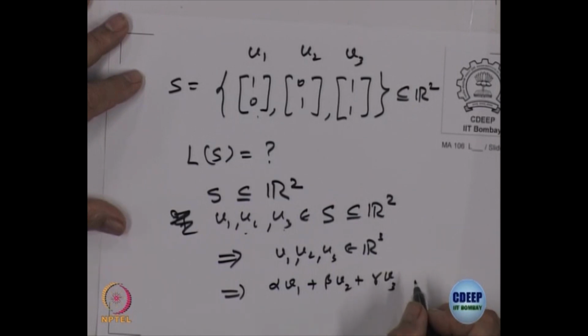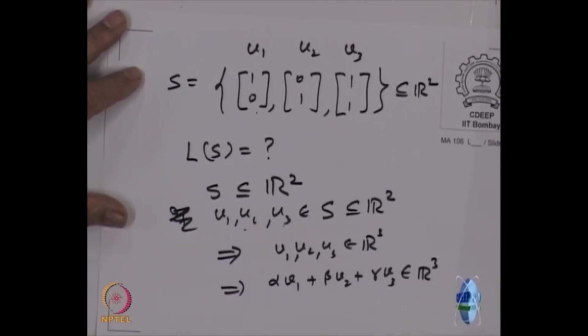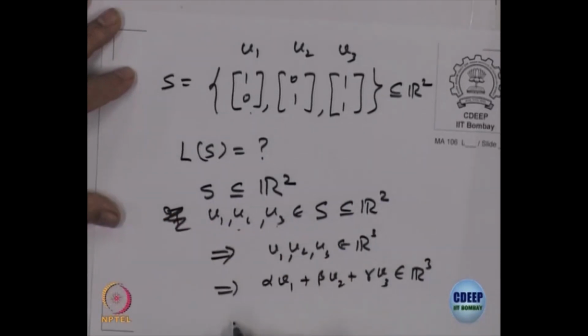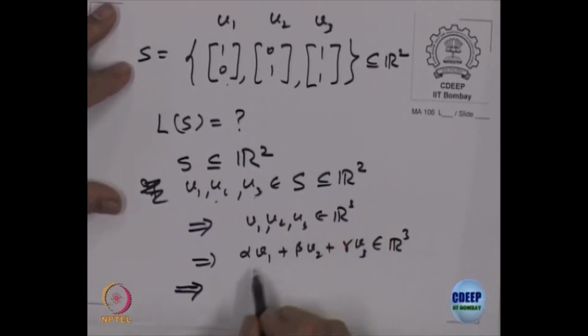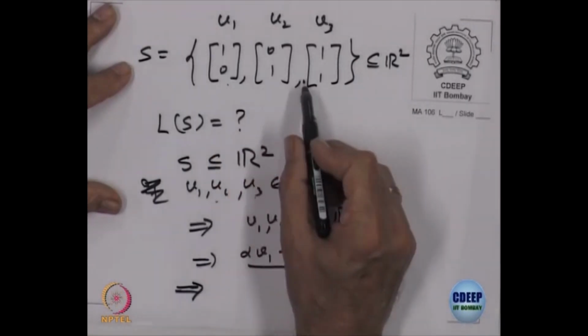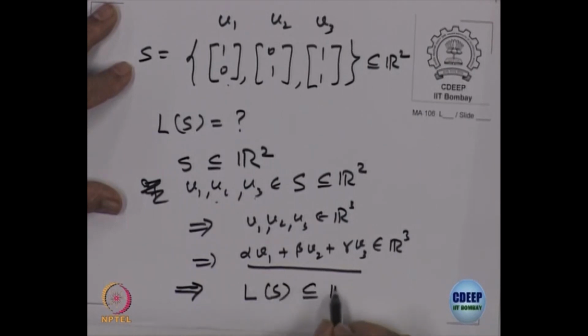Where is that? That is again in R2, right. If you take 3 vectors or any number of vectors and take linear combinations, that is again going to be a vector, right. Go on adding. So, you can add first 2 and add the next one, again you will stay in R2, right. So, that means what? What does this imply? This is a linear combination of elements of S. So, that implies L of S is a subset of R2.